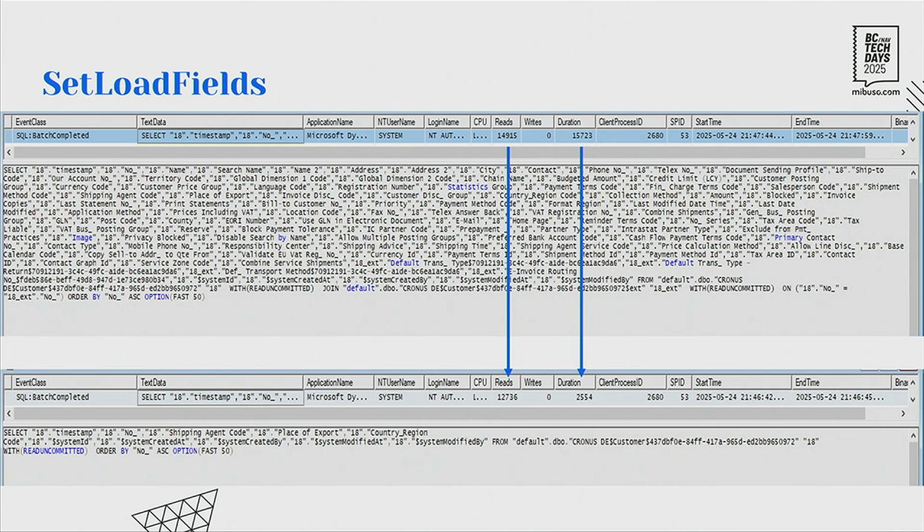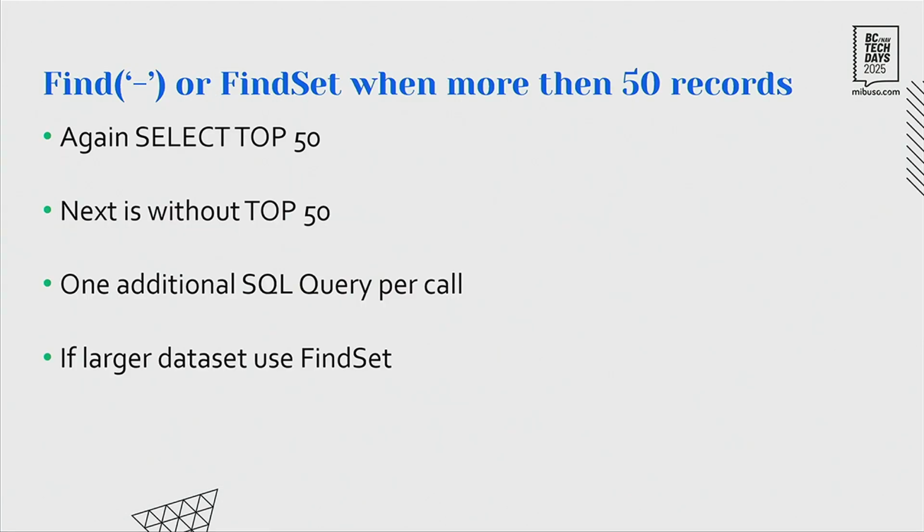Okay, so let's move to the next example. So with find minus or findSet, maybe during upgrades, or you find some old code, you find some occurrences where you have find minus and then looping through.